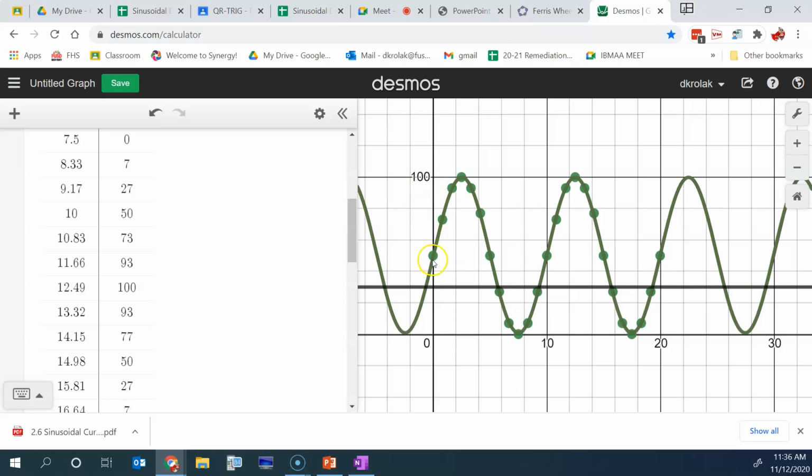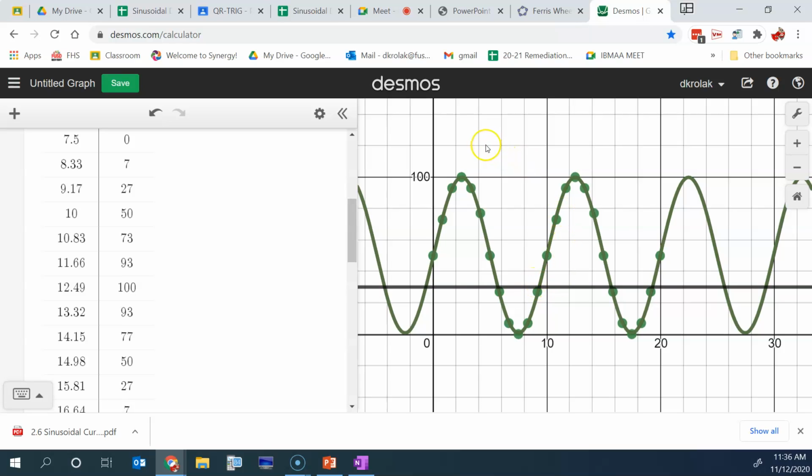If we draw a horizontal line, it tells us when we're at a particular height. When we draw a vertical line, it tells us the height at a particular time. The reason this is important is tomorrow we're going to be doing this, but with tides. This curve tells you how deep the water is.